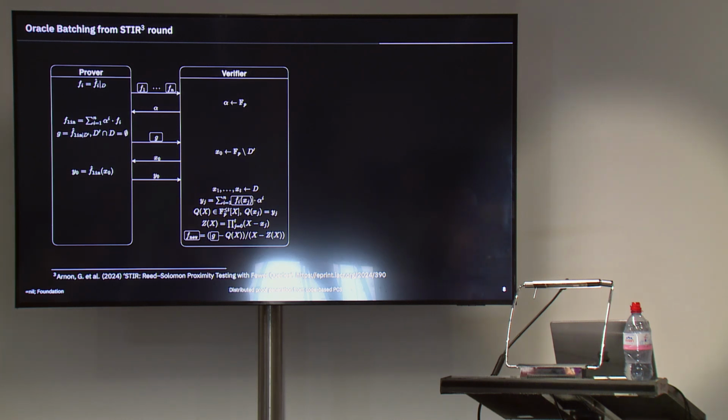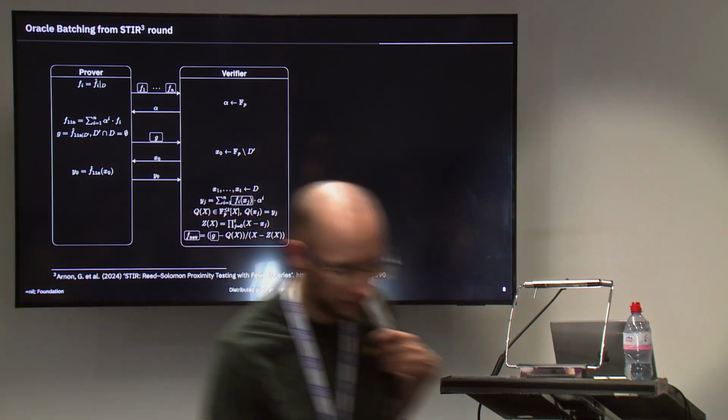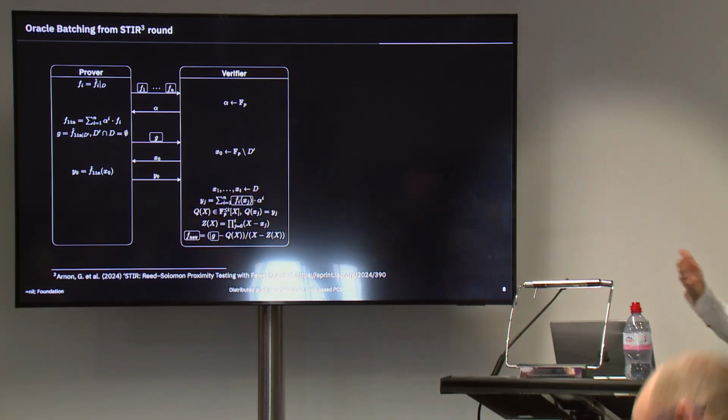As an output, the verifier has a new oracle fnew to a polynomial such that its closeness to the Reed-Solomon code means that every initial function f1 to fn is close to the Reed-Solomon code as well. This protocol is heavily inspired by the round function of the STIR protocol, which was presented at ZK Summit 11 this year.